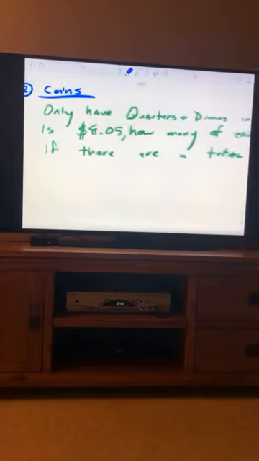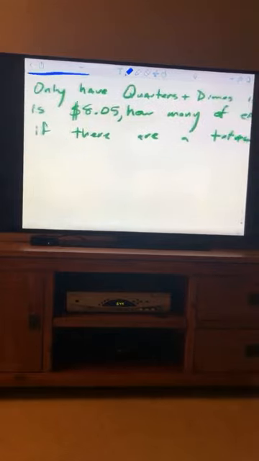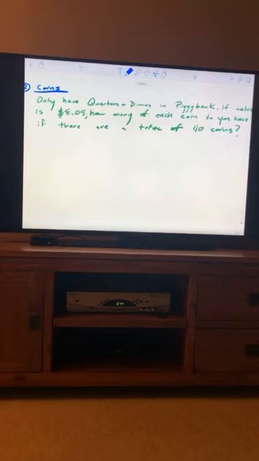You only have quarters and dimes. The value is $8.05. How many do you have if there's a total of 40 coins? My handwriting is not that great here yet.